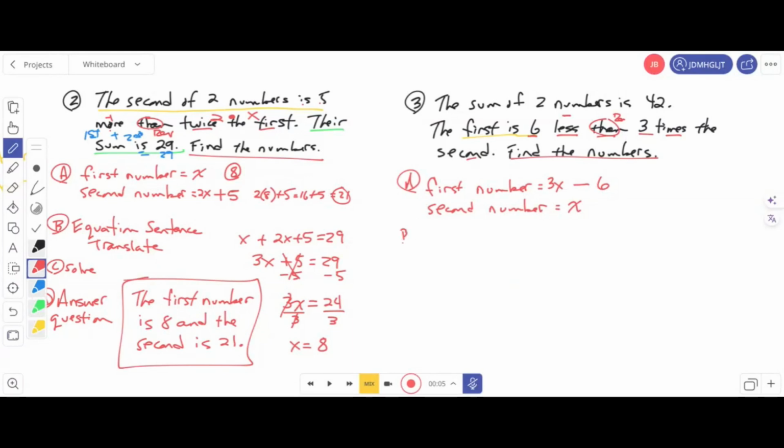Then we find the equation sentence. Okay, the equation sentence is the sum of two numbers is 42. So we translate.